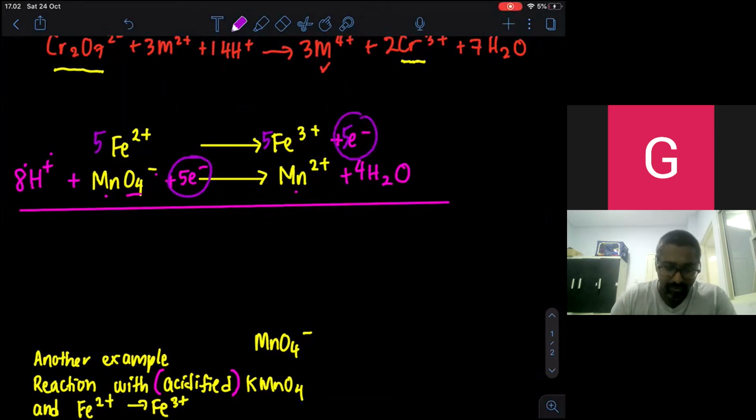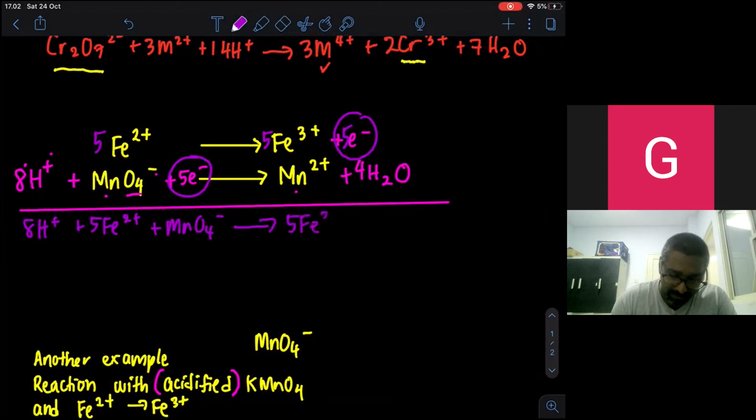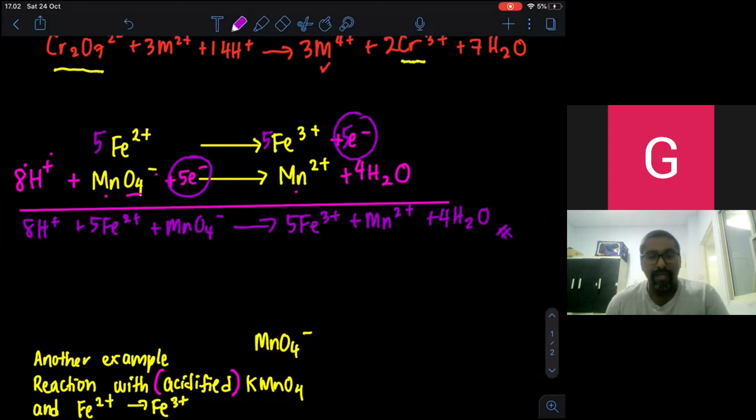So I am going to get 8H+ plus 5Fe2+ plus MnO4- to give me, the 5 electrons will be gone, 5Fe3+ plus Mn2+ plus 4H2O. And this is going to be my overall ionic equation.